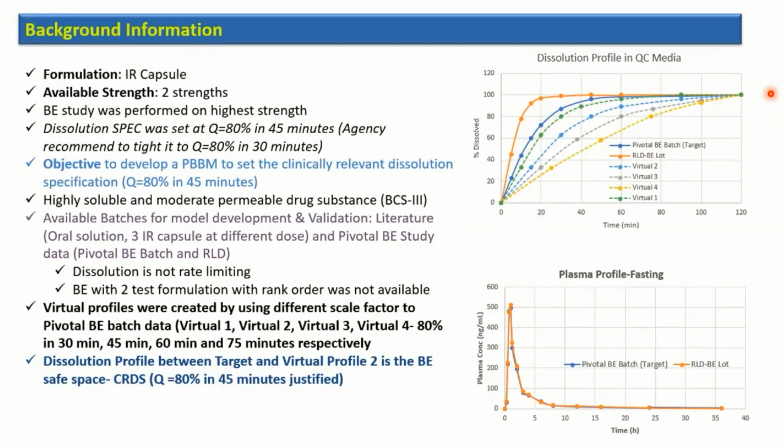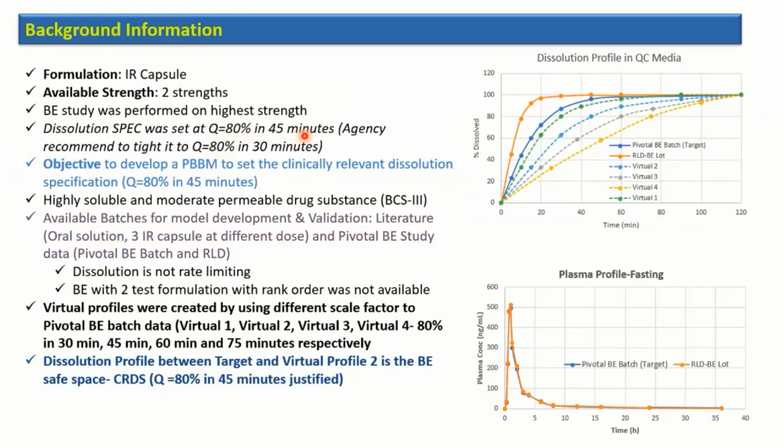The dissolution specification was initially set at Q 80% at 45 minutes based on the pivotal biobatch, which was challenged by the health authority, and they recommended to tighten to 80% in 30 minutes. We used the modeling and simulation approach to justify that 80% release in 45 minutes would still be bioequivalent with the pivotal biobatch.